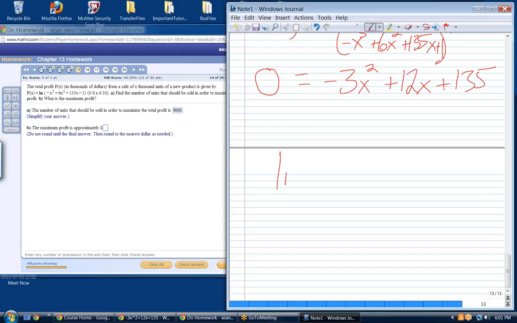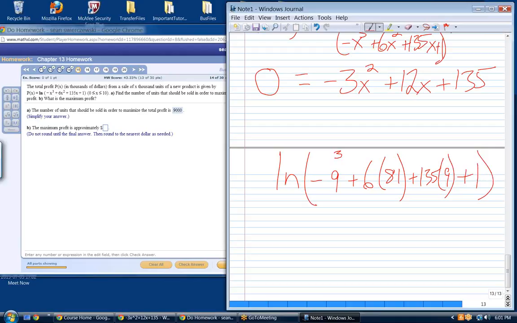So we have the natural log of minus 9 cubed plus 6 times 81, 9 squared, plus 135 times 9, plus 1. Let me look at my calculator.